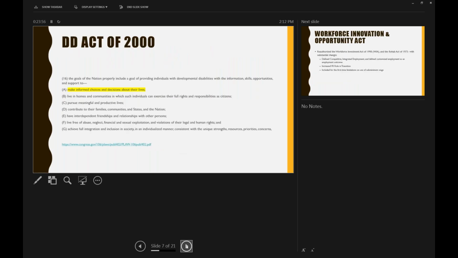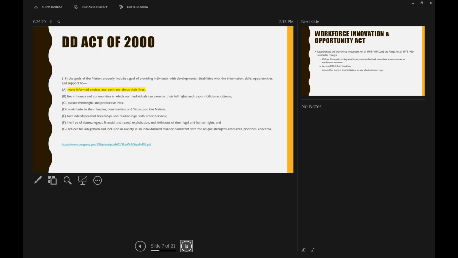The DD Act of 2000 also makes a reference in their law about the goals of the nation properly including a goal of providing individuals with developmental disabilities with information, skills, opportunities, and support to, the very first one there, make informed choices and decisions about their life.